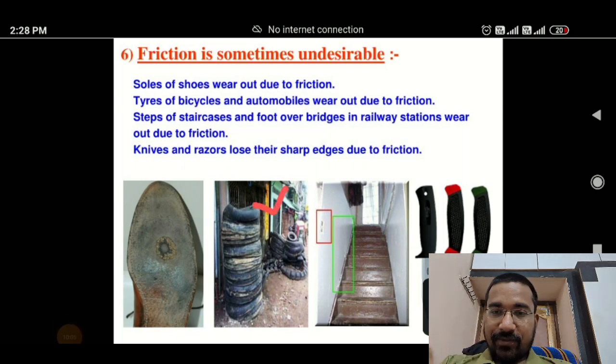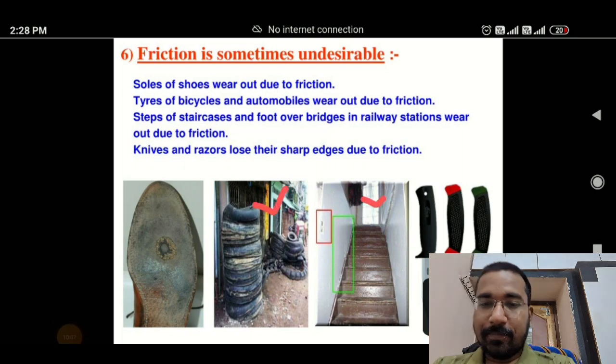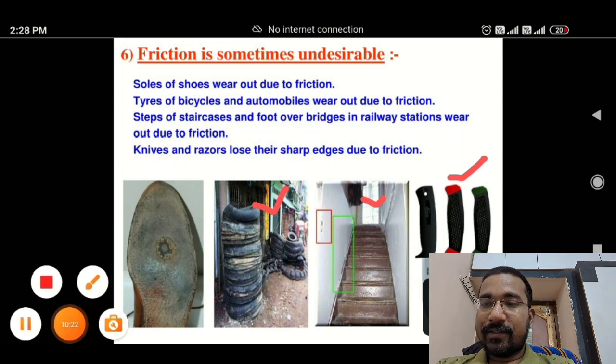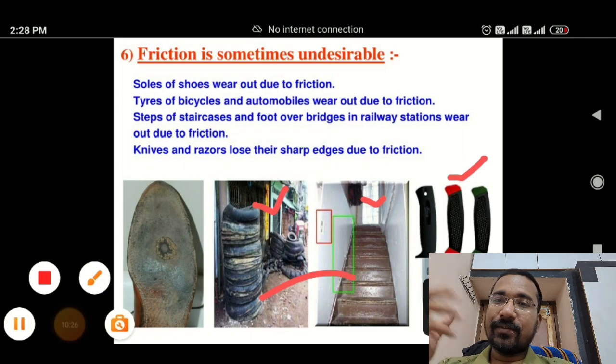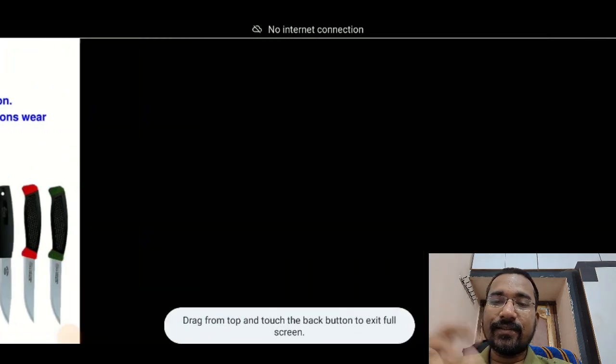Just like the condition of a switch that is used fast. Here it is the tire, here the ladder, and the most famous example is the knife. When you cut with a knife many times, the sharpness will decrease.